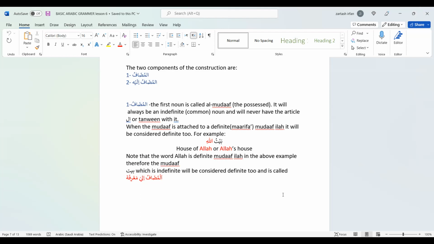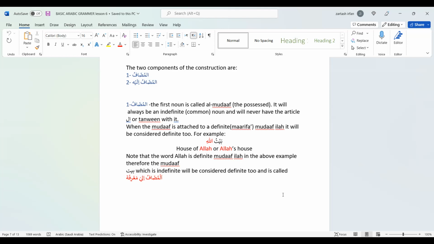For example, Baytullahi, house of Allah or Allah's house. Note that the word Allah is definite, so it is a definite mudaf ilayh. In the above example, we will consider the mudaf a definite mudaf. That mudaf which is converted into a definite noun is called al-mudaf ila marifa, because it becomes a marifa due to a mudaf ilayhi which is a definite noun.